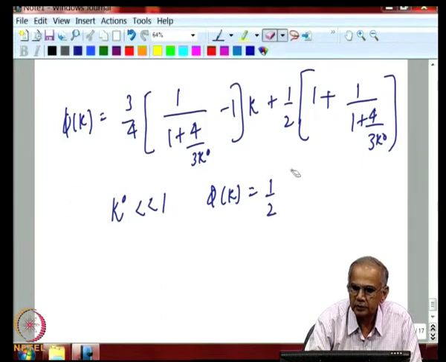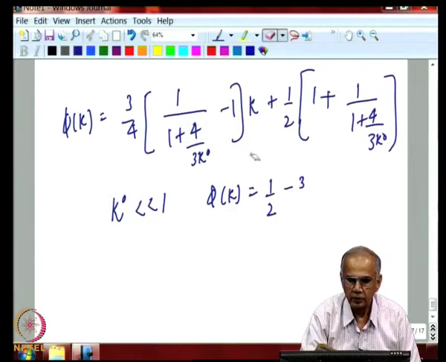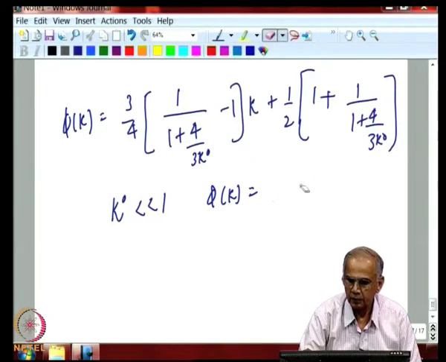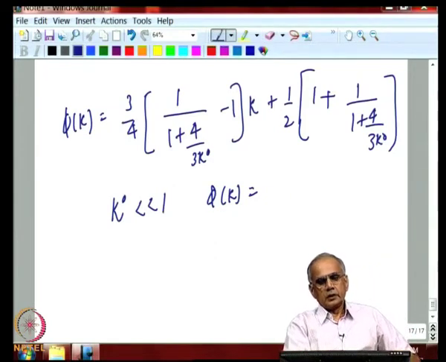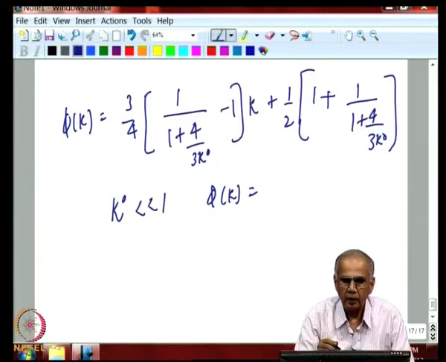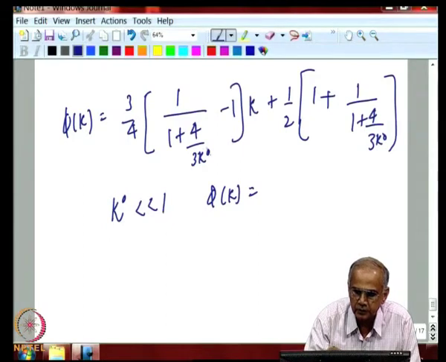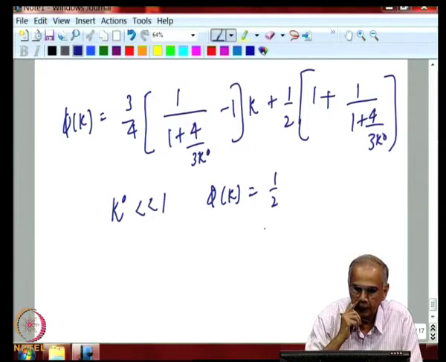We just write this as half minus 3/4 kappa. Let me just redo this here. So, you can see this result is that as kappa 0 becomes very large, this goes to 0, this term drops out, and as kappa 0 is very large, this goes to 0, this is half, okay.